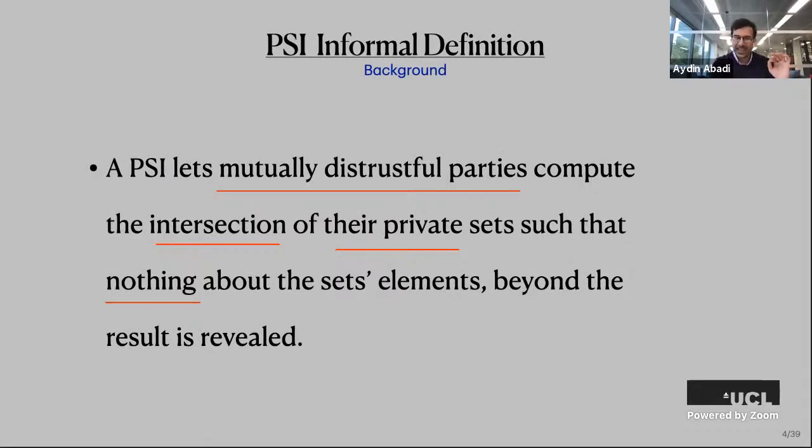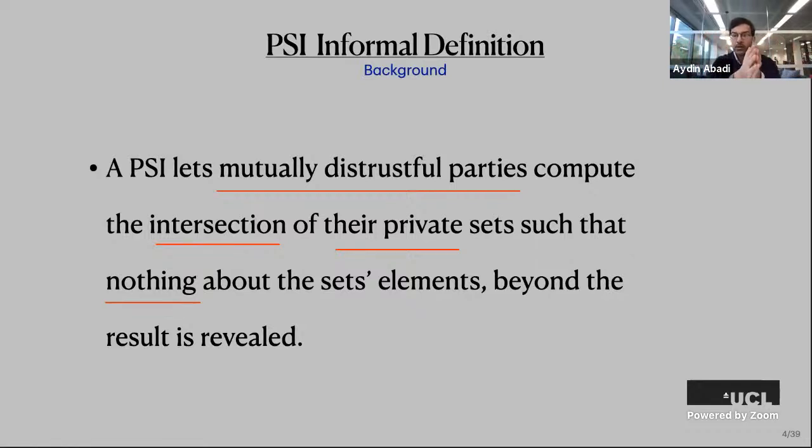Now let's take the privacy into account as well. A common definition of PSI is as follows. PSI lets mutually distrusted parties compute the intersection of their private sets such that nothing about the set's elements beyond the result, where the result is the intersection, is revealed to the parties.